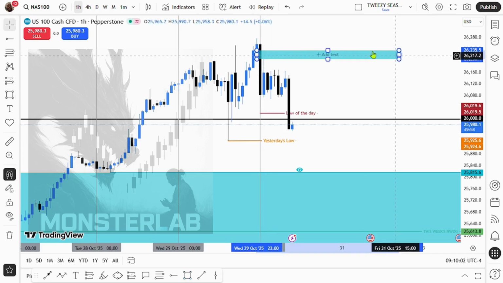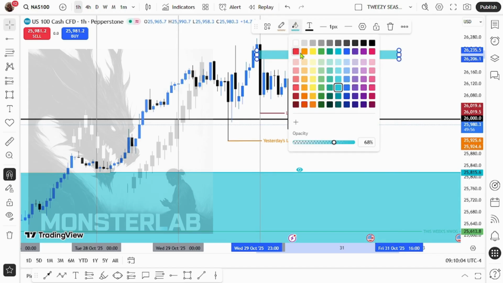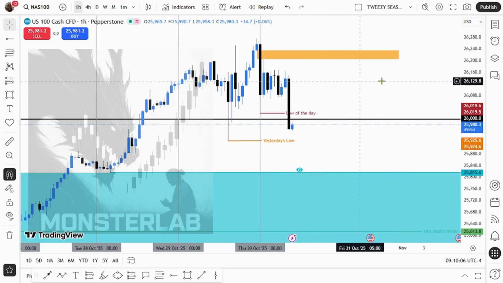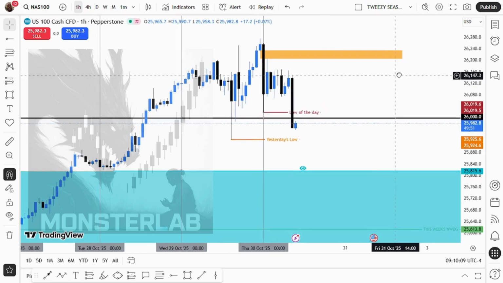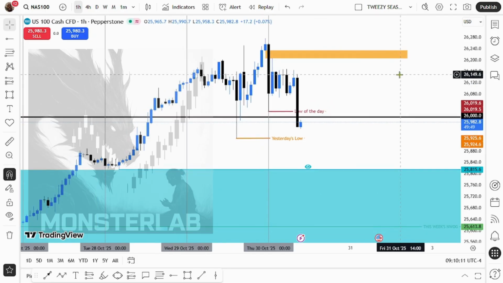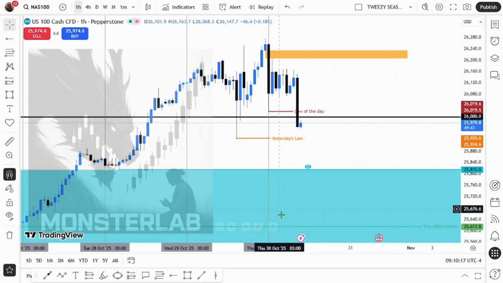We are around these, what do we call them? I call them odd numbers, but I try to look for where we have a lot of zeros in terms of price quote. Sometimes financial institutions tend to take positions there.